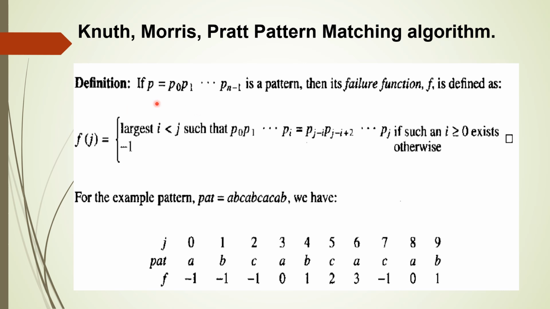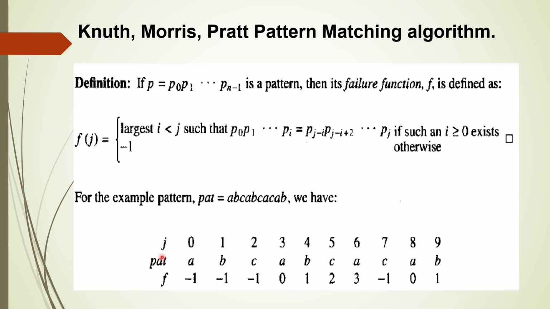If P stands for the pattern string, for the given pattern string, by making use of this formula you calculate the failure function. For example, let us assume that the given pattern string is ABCABCACAB. This is the failure function. We will see how this failure function is calculated.